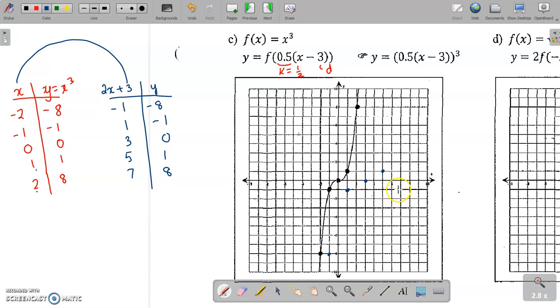So 5, 6, 7, 8. So let's see how my drawing goes. I'm going to do better from here to here, I think. It continues on. And continues on. So not bad.